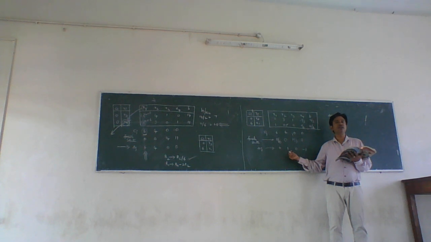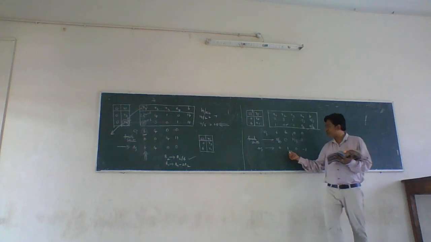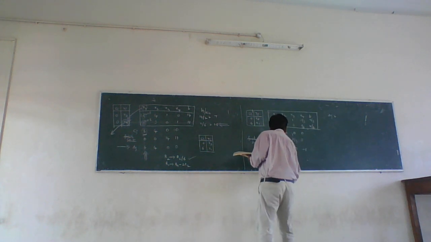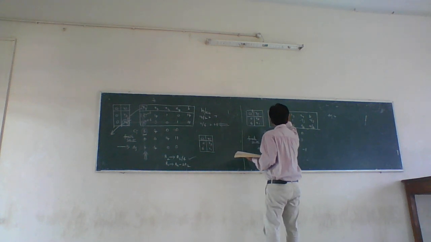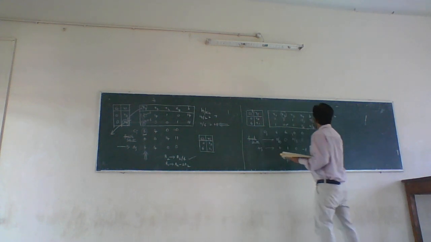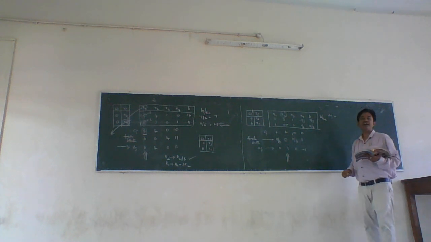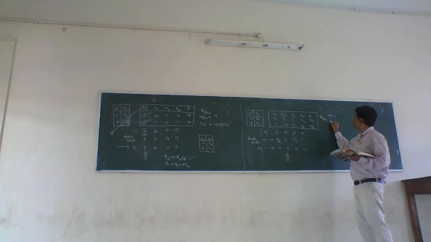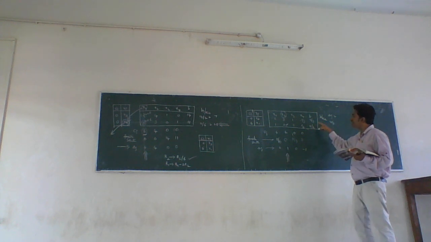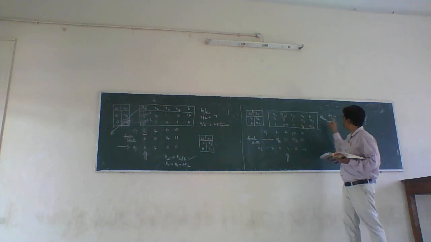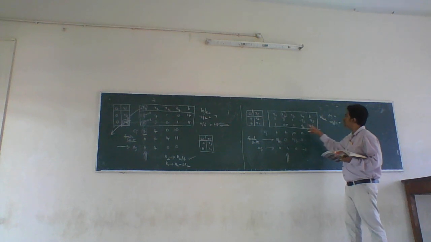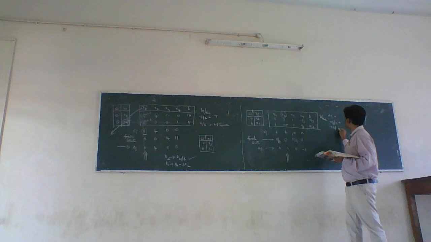Now what is step number 3? Maximum delta j will enter, minimum Bi by Aij will leave. So this is the maximum value, so this will enter, that means x2 will enter, and you have to calculate Bi by Aij. So what is Bi by Aij? 31 by 3 divided by the corresponding value of 3, and 11 by 6 divided by the corresponding value 0.5.